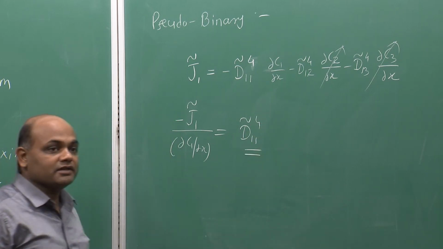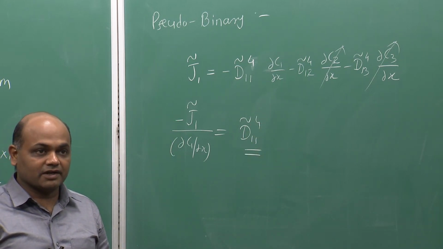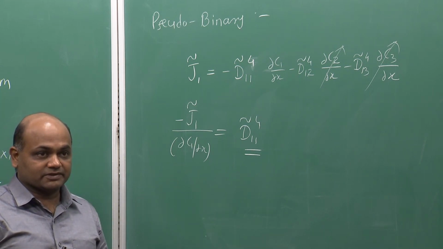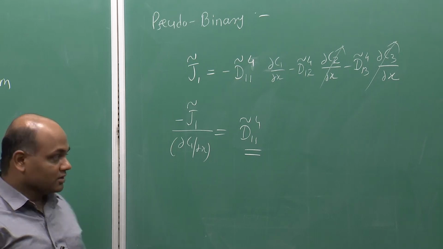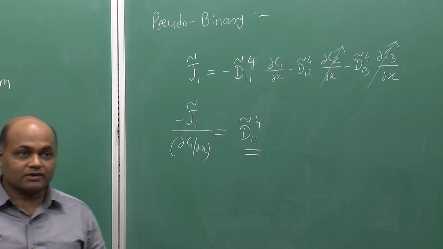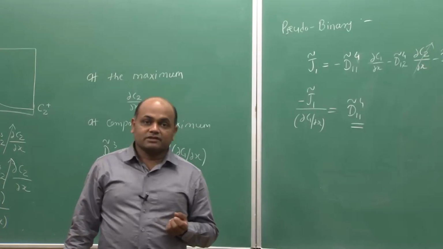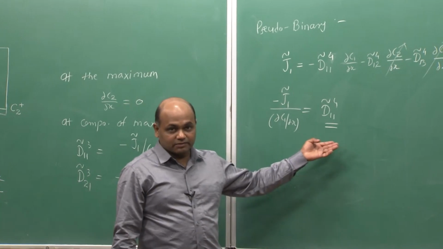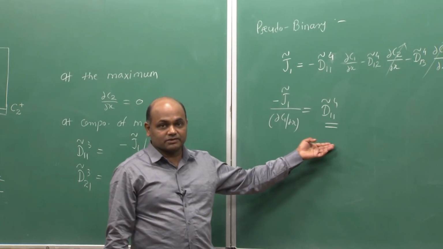So, we can find the value of D11 tilde 4 through the pseudo binary diffusion couples. Of course, it will not give the entire set, but it gives an idea about at least how fast or slow a particular component is diffusing based upon its main interdiffusion coefficients.